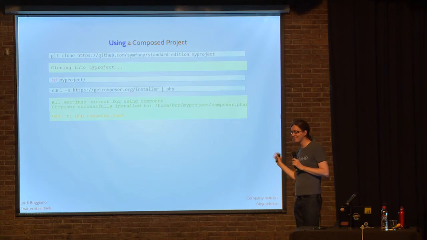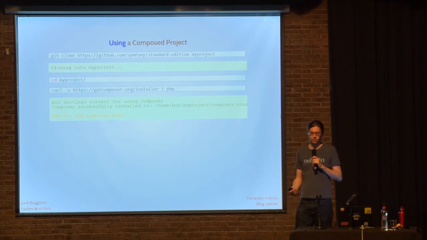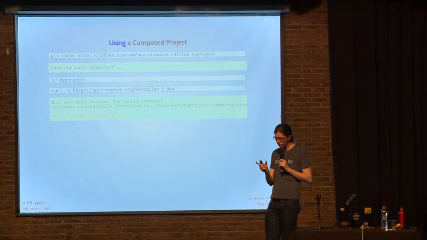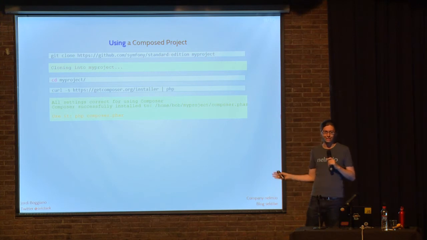But all it does, this script, assuming you trust me again, is it will just check some PHP settings and warn you if you have incorrect settings. If all is good, you will just download this composer.phar file in the current directory, and that's it. It doesn't touch anything else in your system, so it's fairly non-invasive.